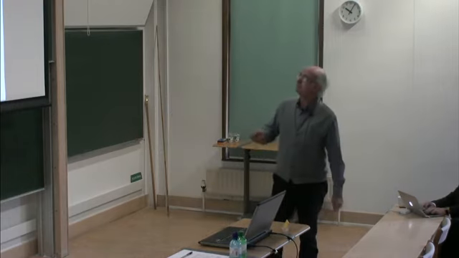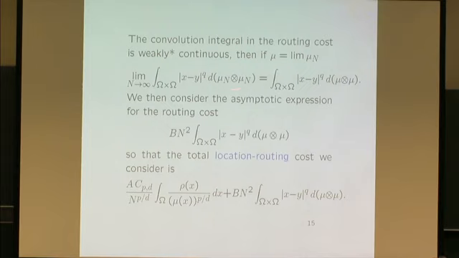So again, this is the total cost if I put together the pure location plus the routing cost. So the goal is to minimize this. This is a continuous counterpart.